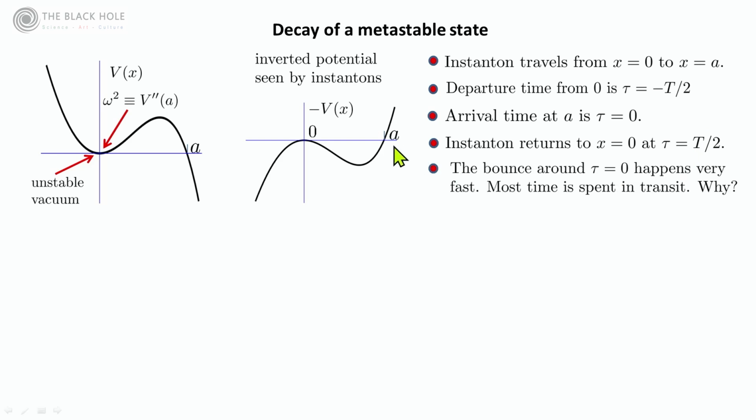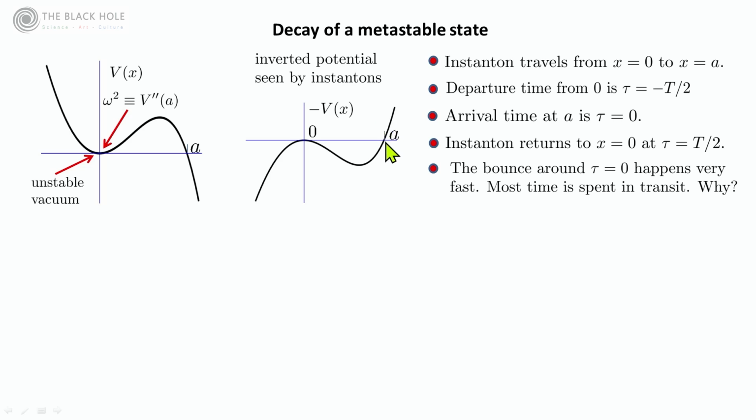Now, the bounce, so this is what Coleman called the bounce. The instanton goes from here to here, bounces back. And that's the bounce solution to the equations of motion. It happens very fast, and most of the time is spent in the transit. Very little time is spent here at the point A. And let's see why.